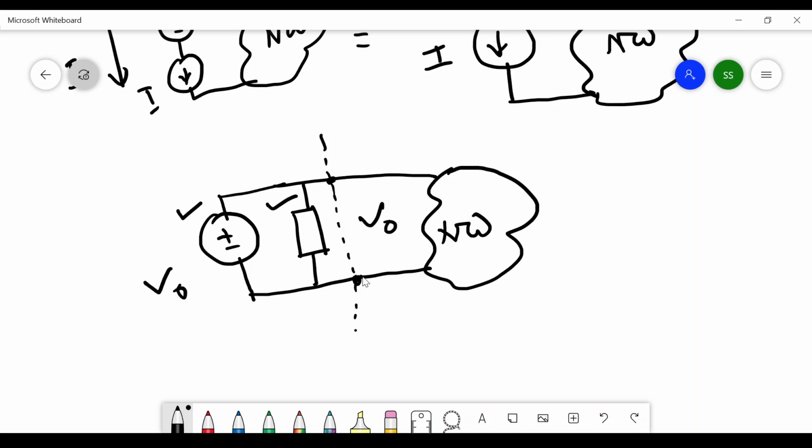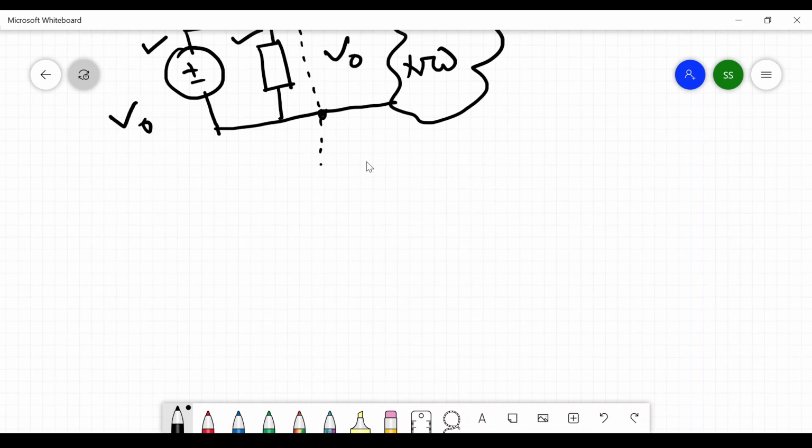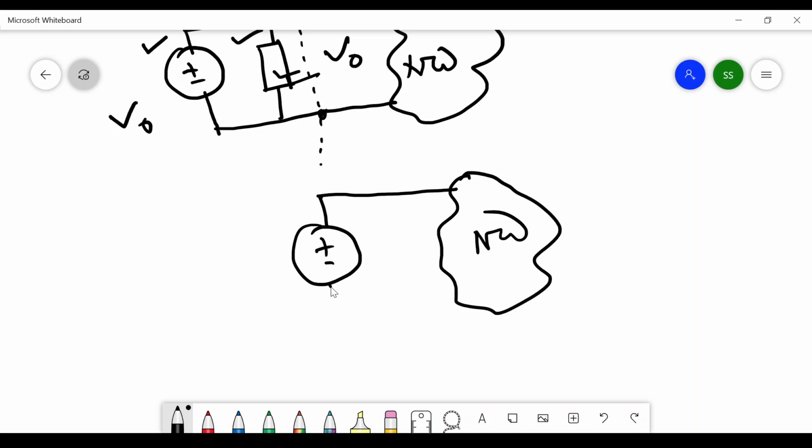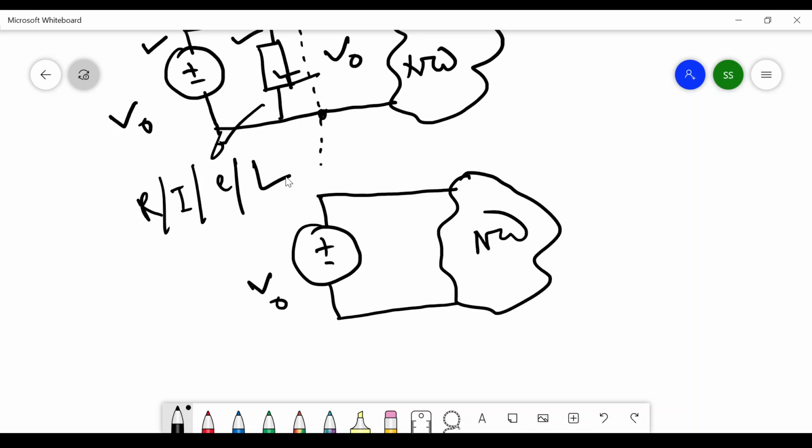So the voltage across the terminal will be V0. If I draw the equivalent circuit of this particular network, all other elements remain same. The network remains same as it is, but we can omit this particular element. If we omit that element, the equivalent circuit becomes this V0. And this element can be anything. It can be an R, it can be a current source, it can be a capacitor, it can be an inductor, anything.